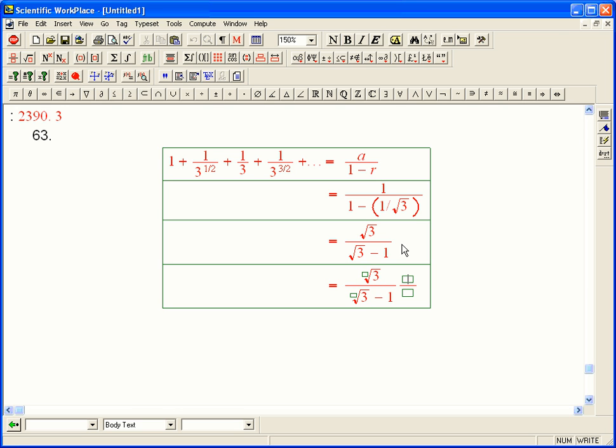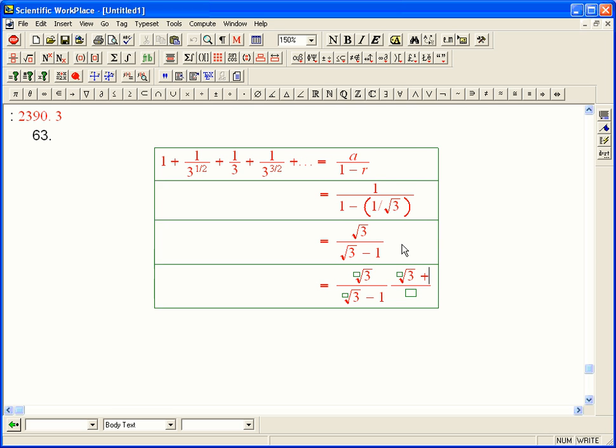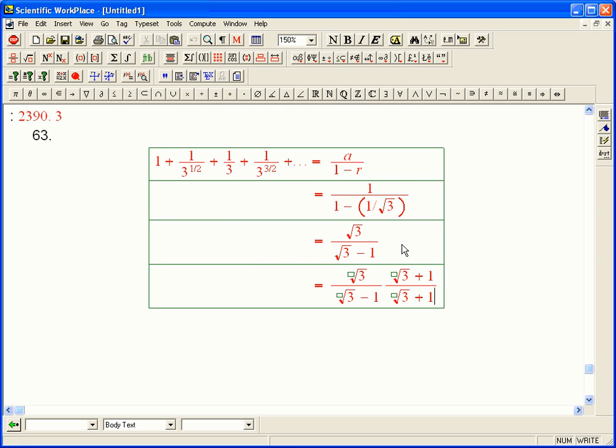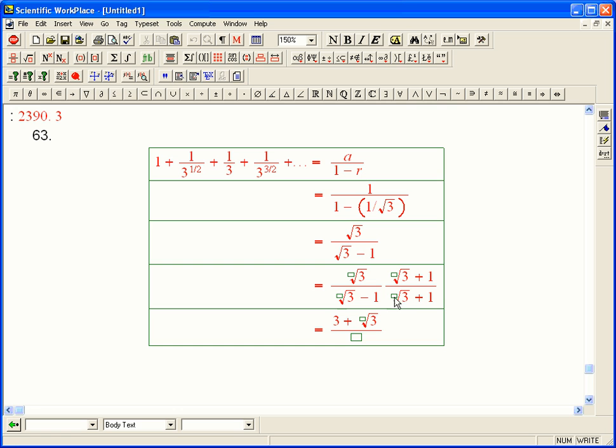Then I do the conjugate, top and bottom. And so I get 3 plus root 3 over root 3 times root 3 is 3, minus 1 is 1, so we get 2. And that's a good answer. Okay, good place to stop.